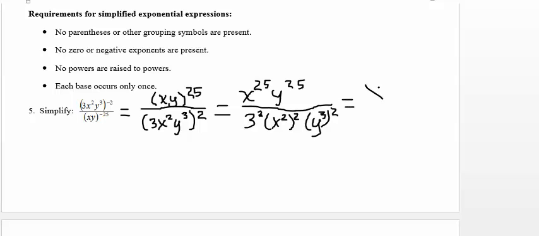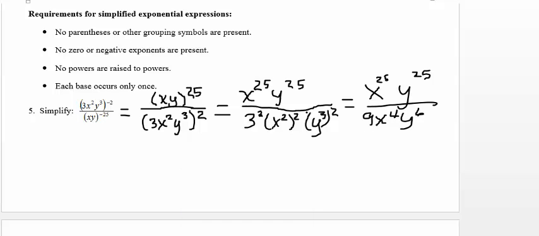So I have x to the 25, y to the 25 over 9, x to the 4th, y to the 6th.